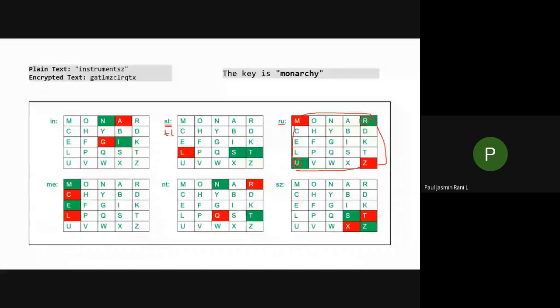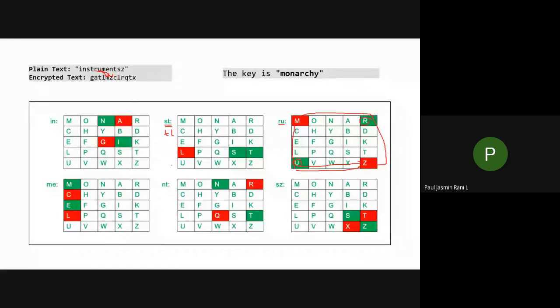So for R you'll be getting M, and for U you'll be getting Z. So for R your answer is M, and for U you will be getting Z. So Z is your cipher text. This is how you find out the cipher text for your plain text RU.